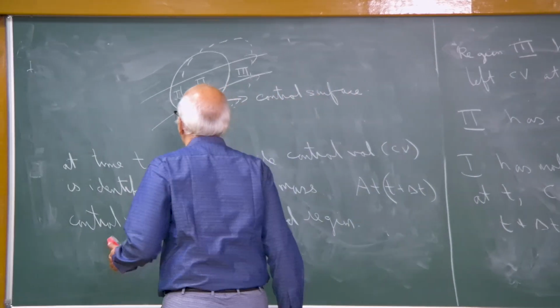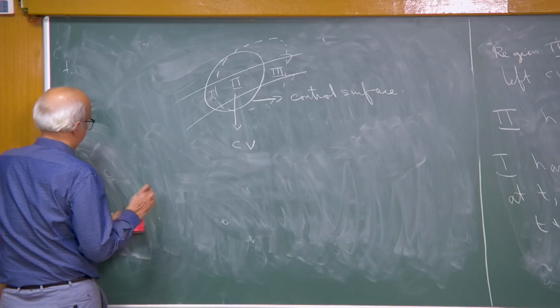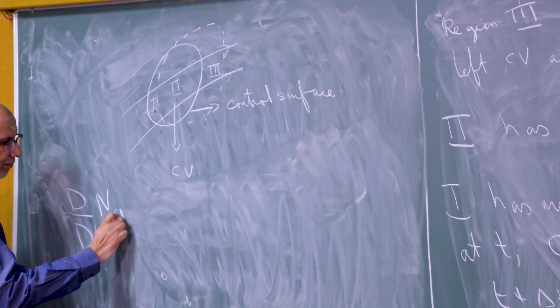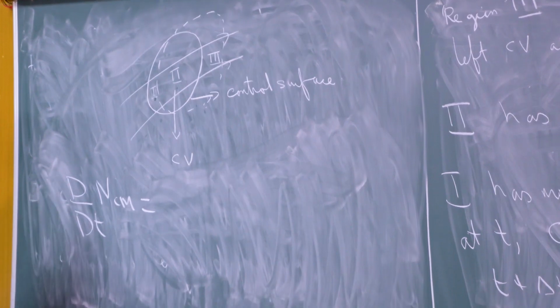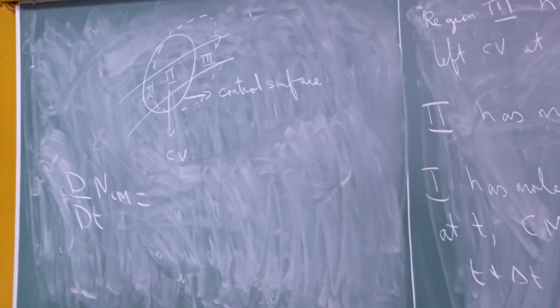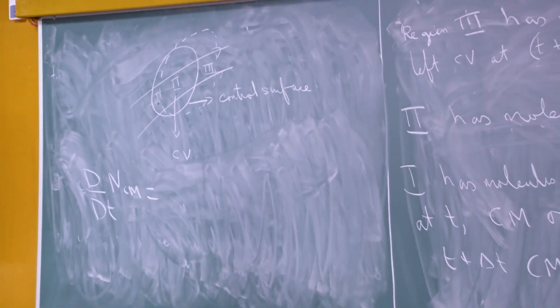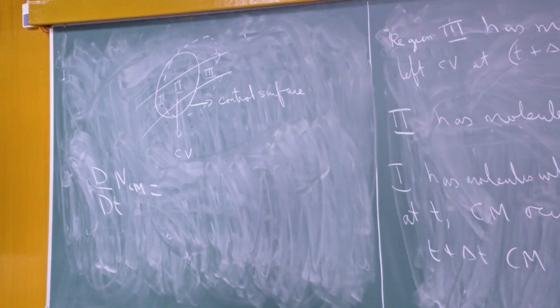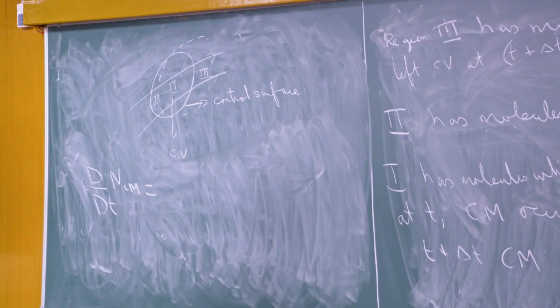So, now I am going to call this dN/dt of CM. N is my property, it could be momentum, it could be whatever. CM is my subscript for control mass, and this is the rate at which this property is changing.